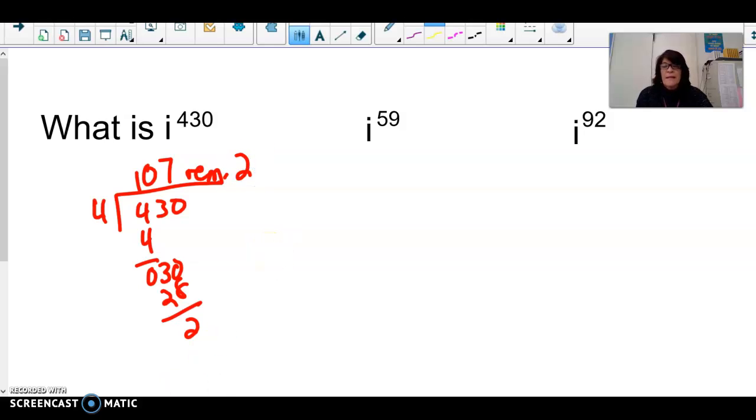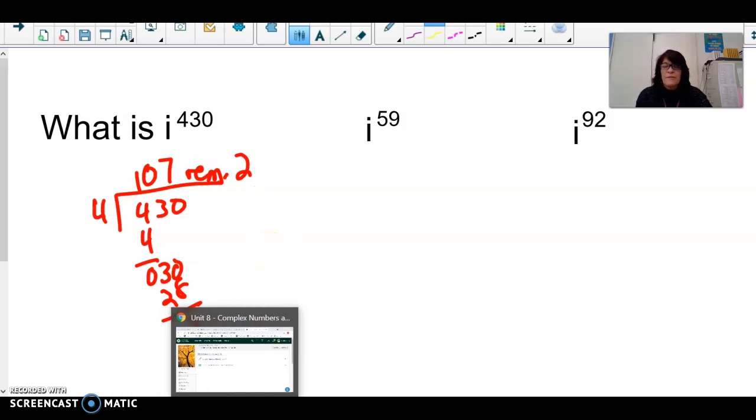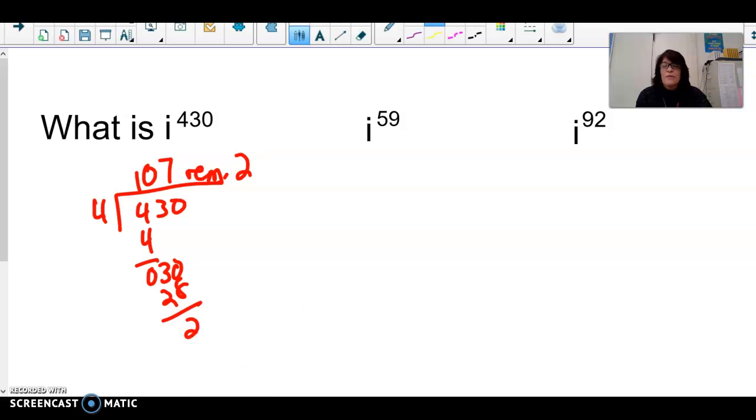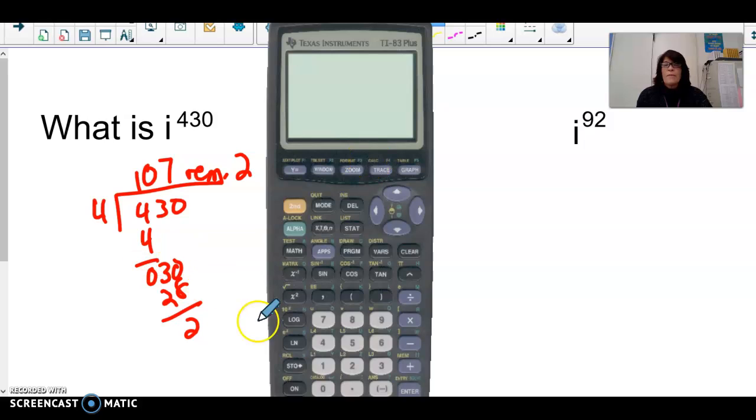Now, you have to be careful, all right? Sometimes people use their calculator. Let me pause this and get my calculator. So if I would have just taken 430 divided by 4, sometimes people are like, oh, well, my remainder is 5. No, okay? It's 107 with a remainder of 2 because you were dividing by 4.